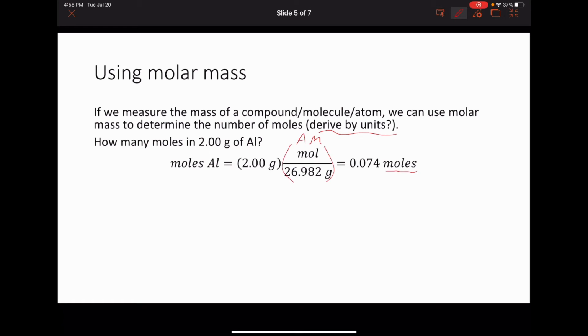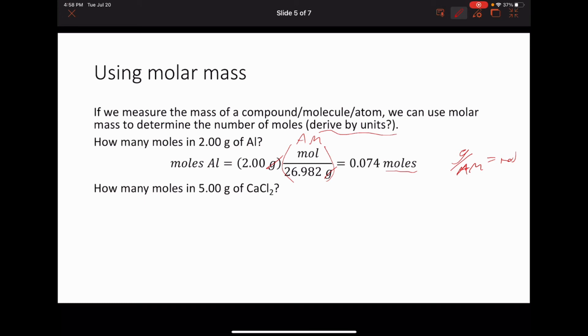So if I divide my mass by my atomic mass, the grams will cancel, and you will get moles. So you get 0.074 moles. So if we have grams and we want to convert to moles, it's grams divided by atomic mass equals moles.